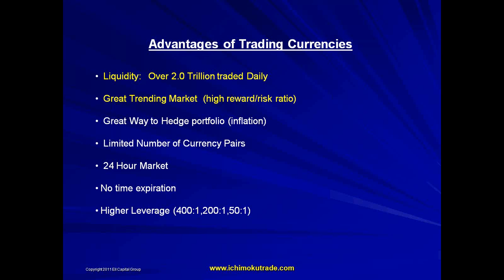And lastly, this is probably where people love the currency market more than the stock market. It's high leverage. What I mean by that is if you put $1 in a margin currency account and it's paying 400 to 1, that basically means that $1 is equivalent to $400, where you can trade up to $400 in value.